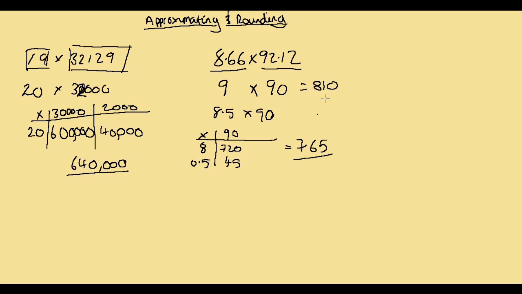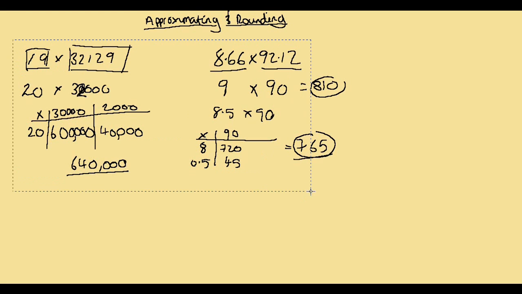So there we go. That's slightly different from 810, but again, it's around about the same. We're looking somewhere between 750 and 810 or thereabouts for our answer. And again, it does depend on how close you need to be to the final answer when you're approximating as to what numbers you'll choose.